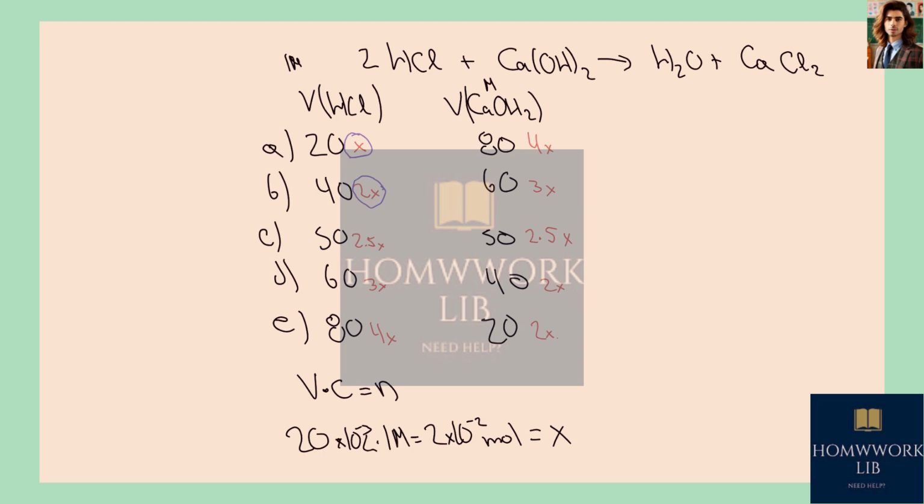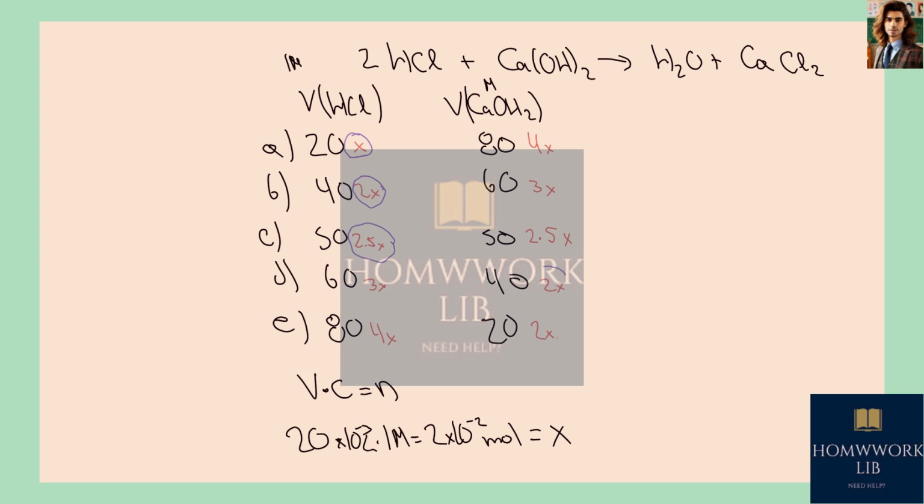On this point, 2.5x is going to react with 1.25x of calcium hydroxide. So we are still having the limiting reagent in purple. Next up, 3x amount is going to react with 1.5x of calcium hydroxide.